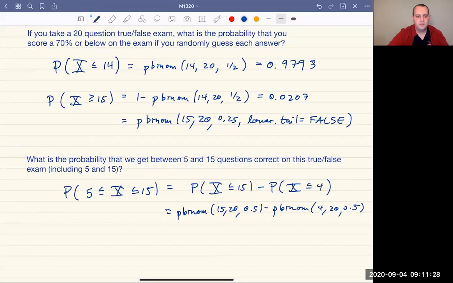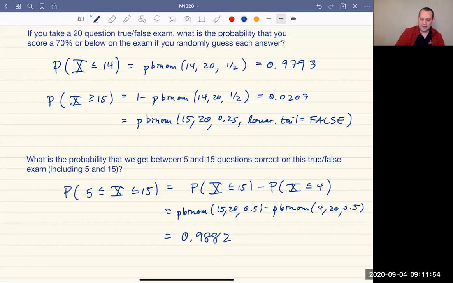Okay, and then if we were to type that in R, let me type it here: pbinom(15, 20, 0.5) minus pbinom(4, 20, 0.5) will give us 0.9882.